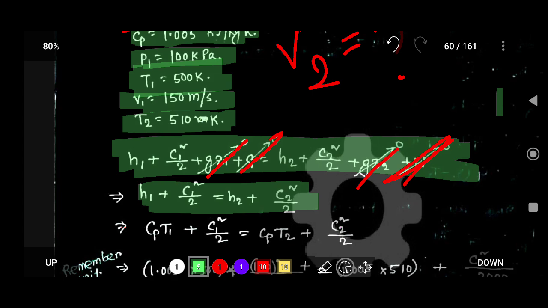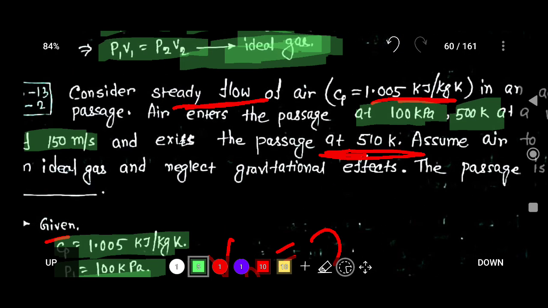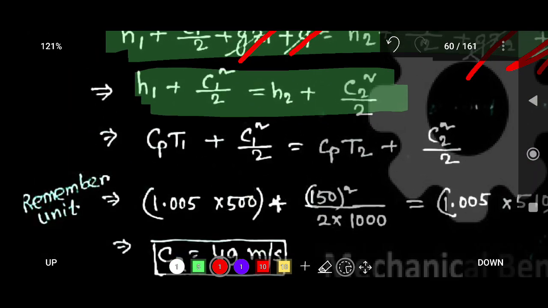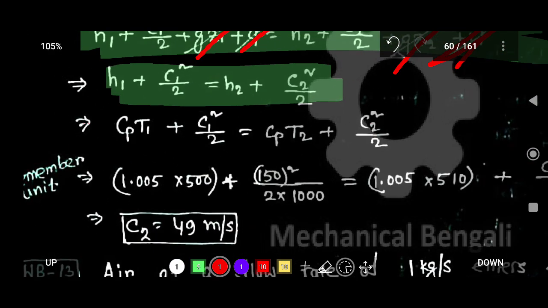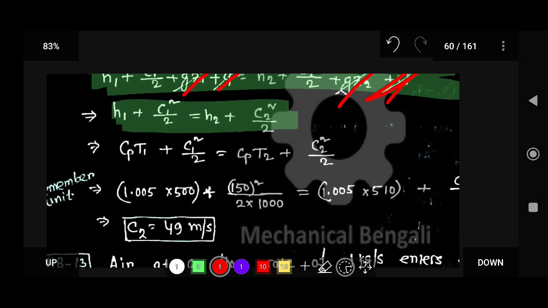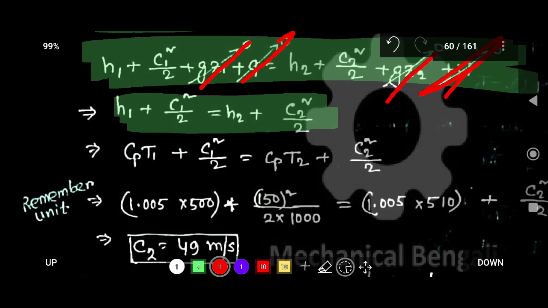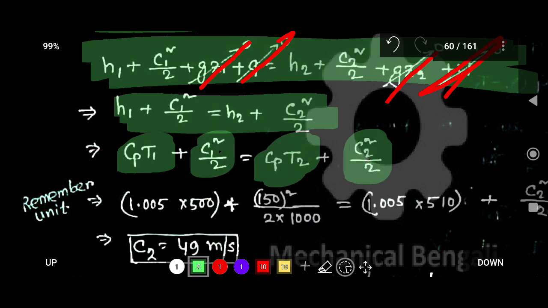Here you can see that it is applicable for air. So just apply the ideal gas equation, and you get h1 equal to Cp T1. So Cp T1 plus C1 square by 2 equals Cp T2 plus C2 square by 2.